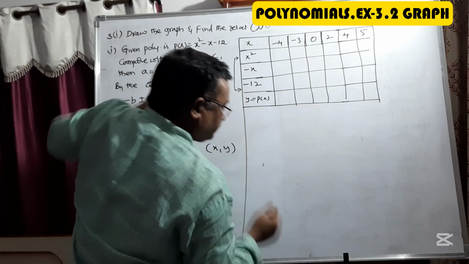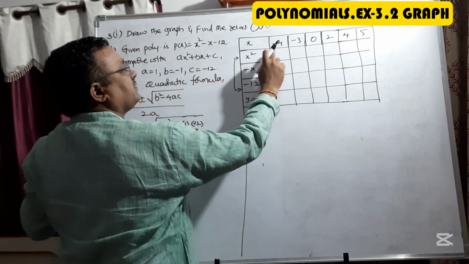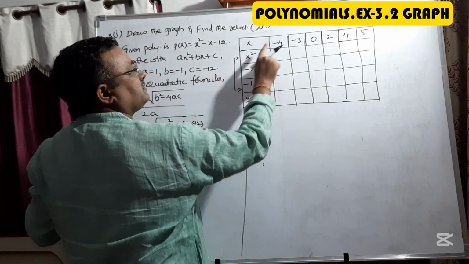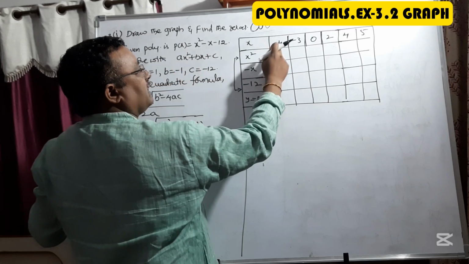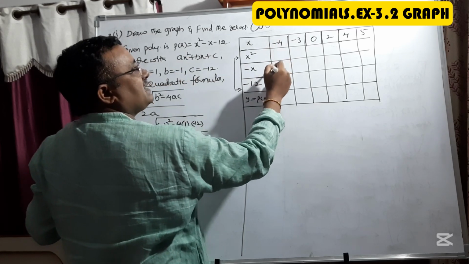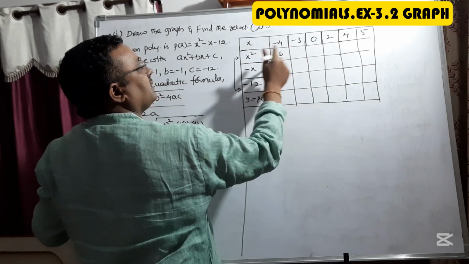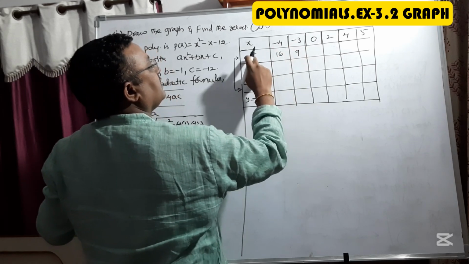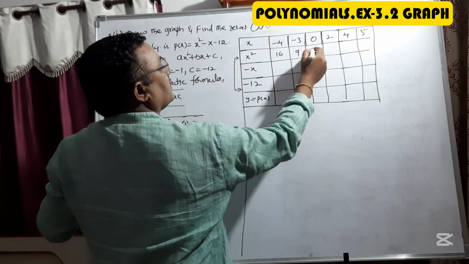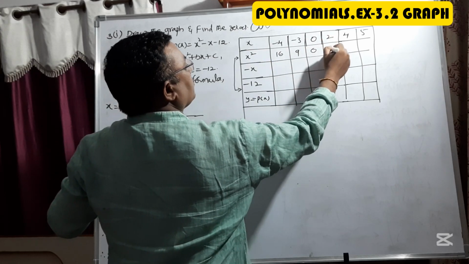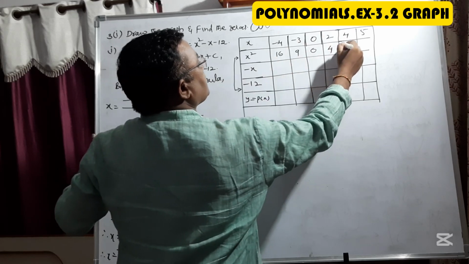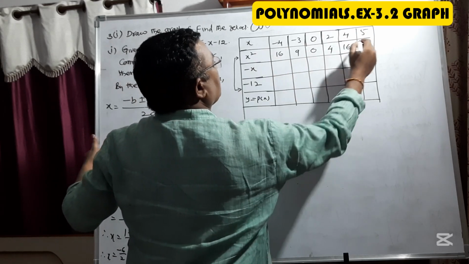If the x values are these, x square means their square values. Minus 4 whole square is plus 16, minus 3 whole square is plus 9, 0 square is 0, 2 square is 4, 4 square is 16, 5 square is 25.